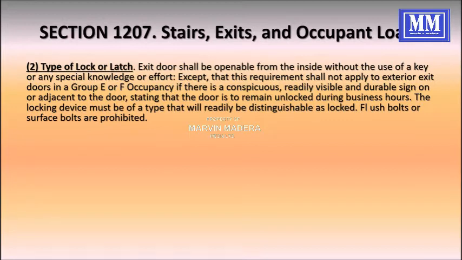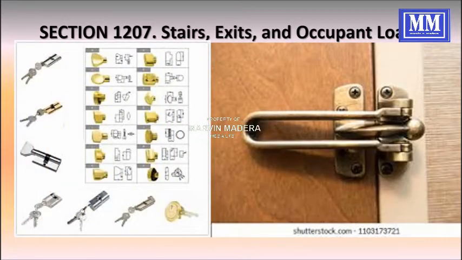The locking device must be of a type that is readily distinguishable as a lock. Flush bolts or surface bolts are prohibited. When we're talking about exits, these kinds of locks are acceptable for the use of the exit, but the bolts there are not acceptable.